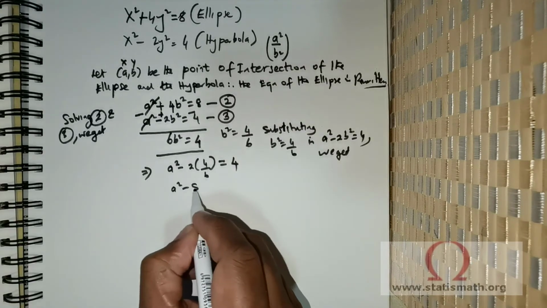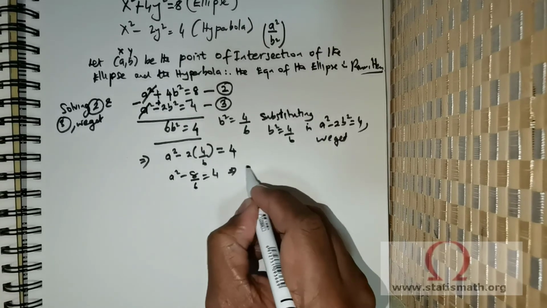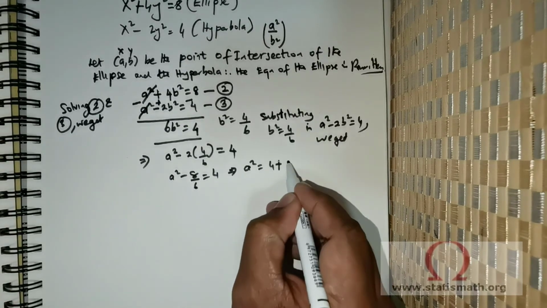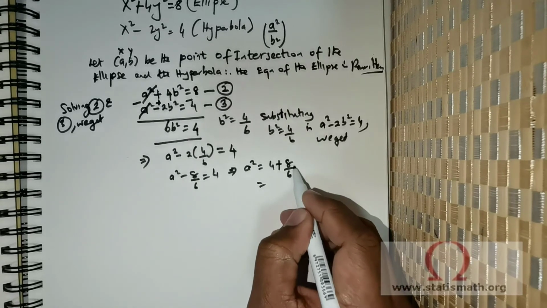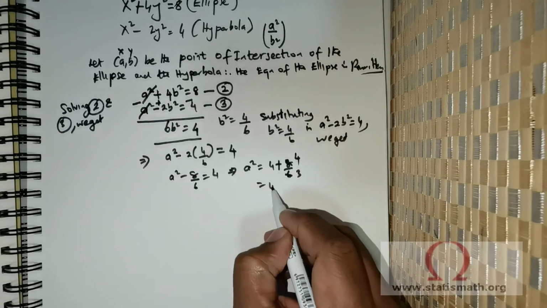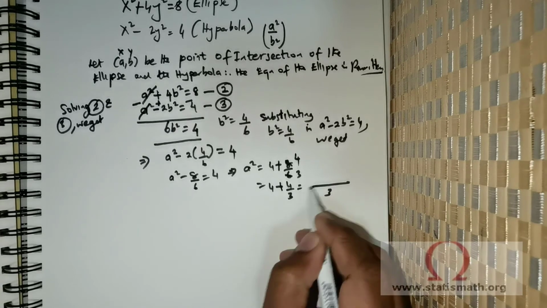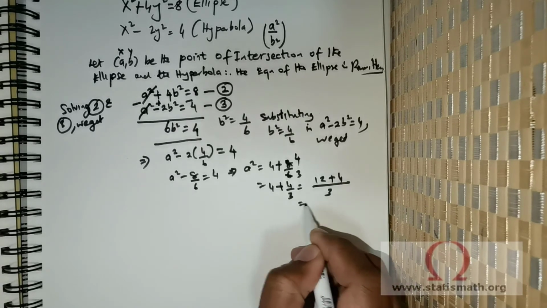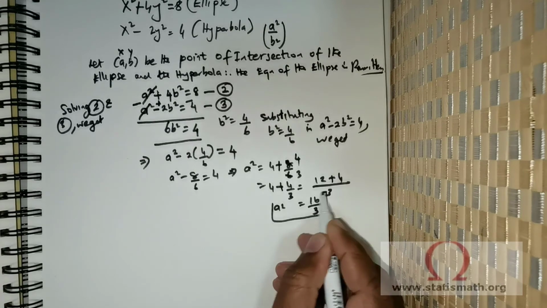This is a squared - 8/6 = 4. From here, a squared = 4 + 8/6. Reducing by 2, it's 4 + 4/3. Taking the LCM, it's 12 + 4, which is 16/3. This is my a squared.